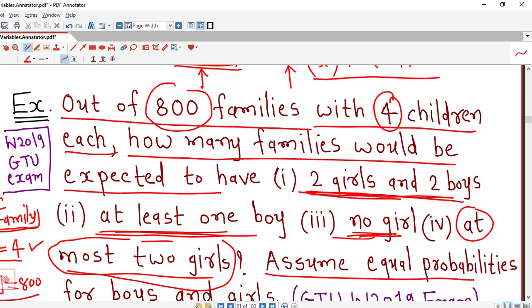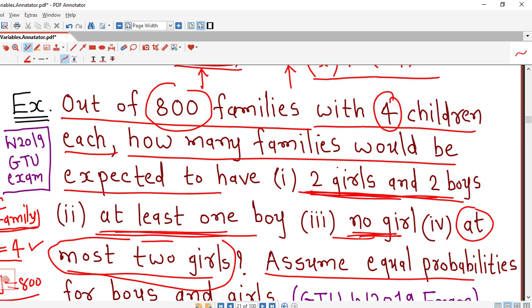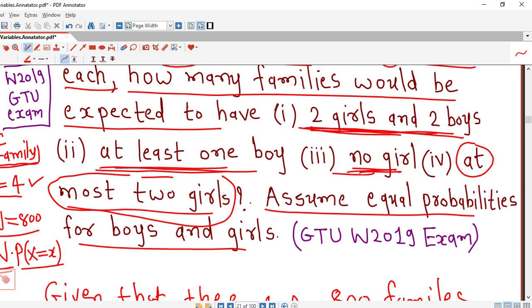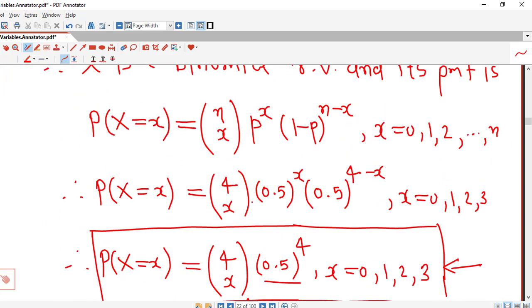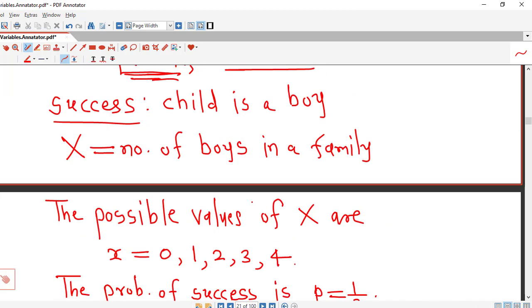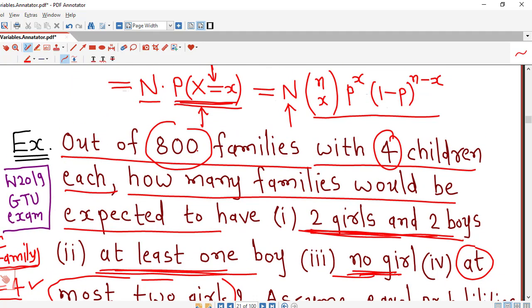So that experiment is repeated 800 times, and we are asked to find the expected number of families having these events, such as 2 girls and 2 boys, or at least 1 boy. So we find the probability first for a single family, and then multiply by 800, the total number of families, to obtain the expected number of families having this type of event.